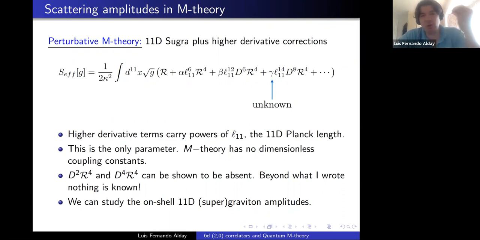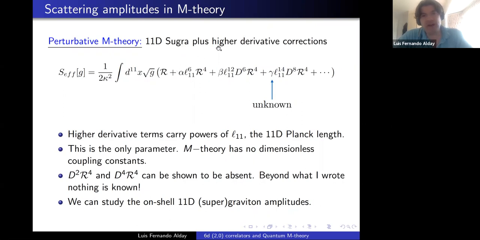In a string theory, we would have alpha prime as well, but here we have just this L11. Now, it turns out that one can show that the first two corrections, which are ∂²R⁴ and ∂⁴R⁴, can be shown to be absent.